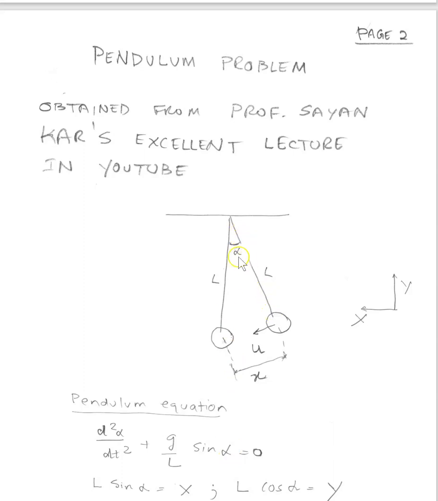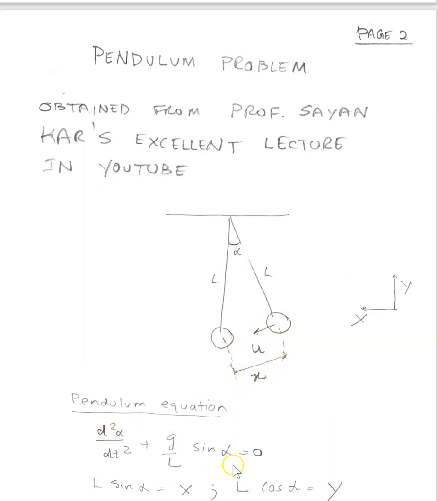Now let's say there are two pendulums, and let's say the relative velocity between the two pendulums, from the center of gravity of one to the other, is u. This is the relative velocity, and the relative distance is x.